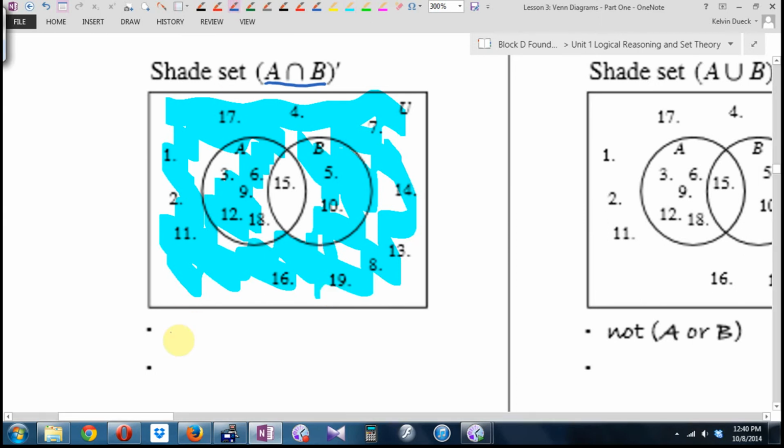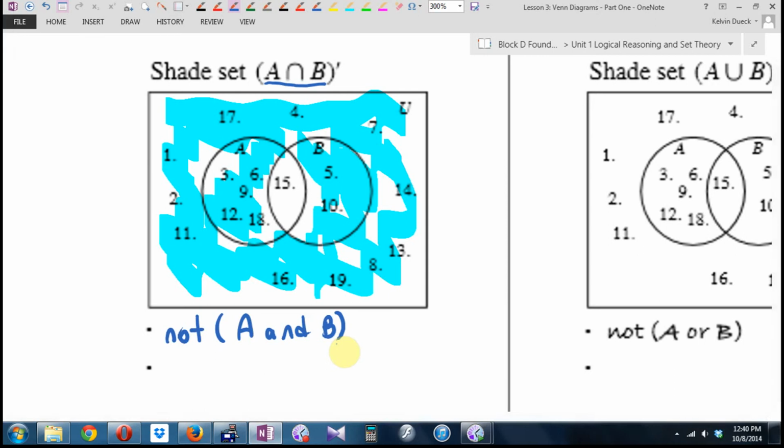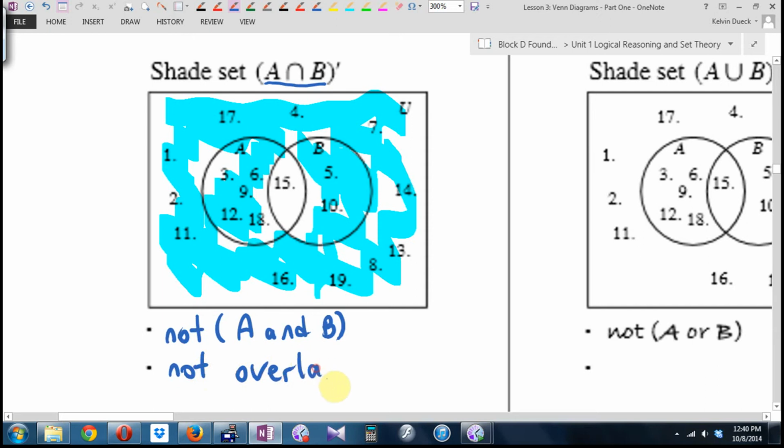In English, in fact, Mark, if you really want to be generic, not the overlap. Anything that's not overlapping.